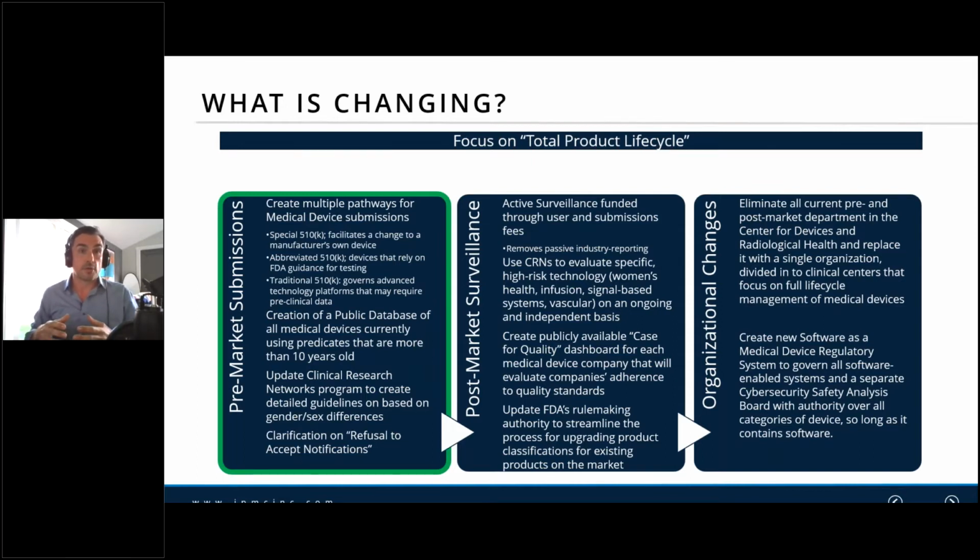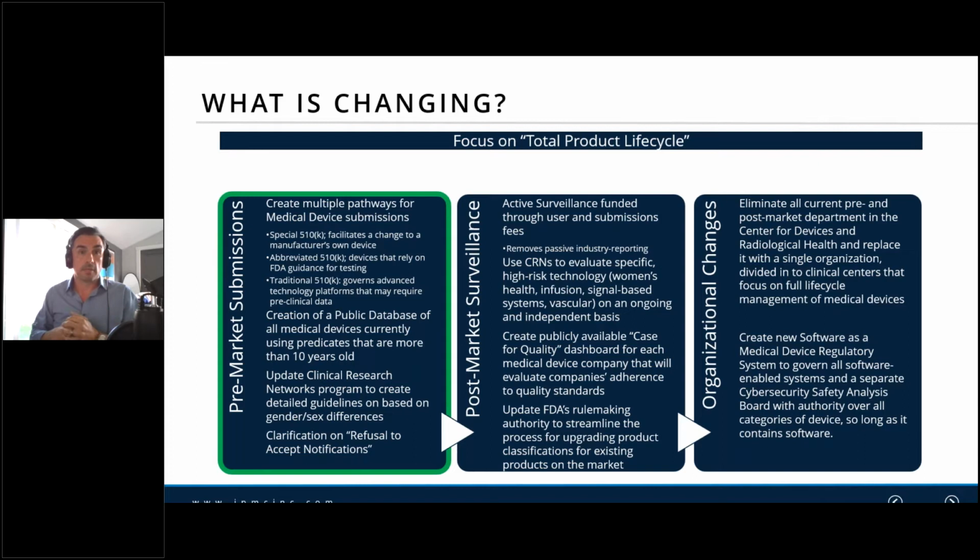Okay, so it removes passive industry reporting and goes to active surveillance. They're going to go back and build out those CRNs to evaluate specific high-risk technology. So they are creating categories of high-risk class 2 products. Again, women's health, infusion pumps, signal-based systems, and vascular are the first groups identified. They're on the higher end of the moderate risk category, evaluated on an ongoing and independent basis.